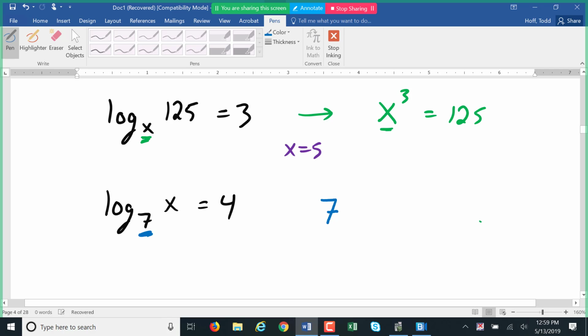The base of the log. Perfect. 7 to the 4th equals x. The base of the log is the base of the exponential. So that's the 7. So the 4th power equals x. And of course, x is 2,401.